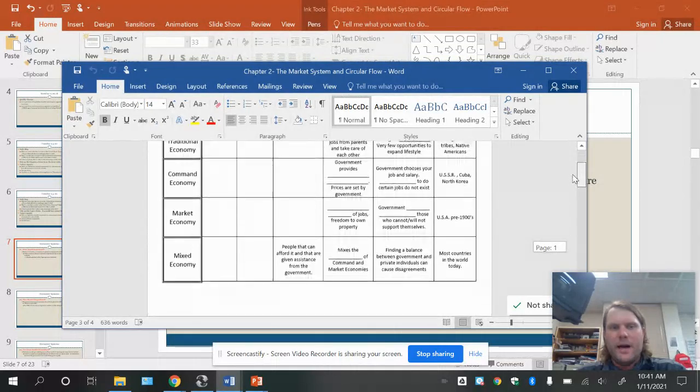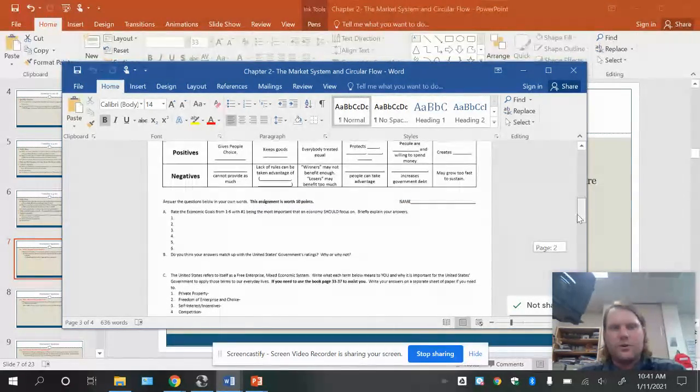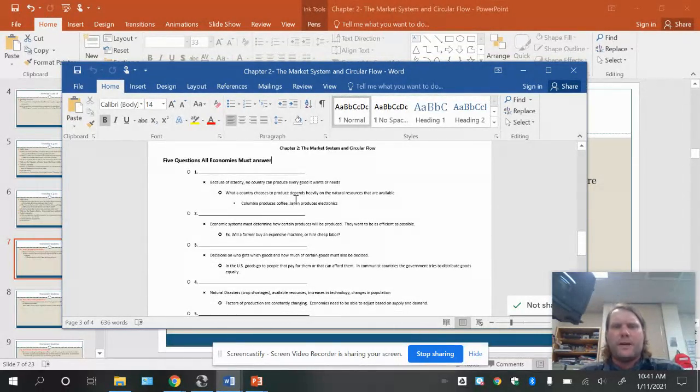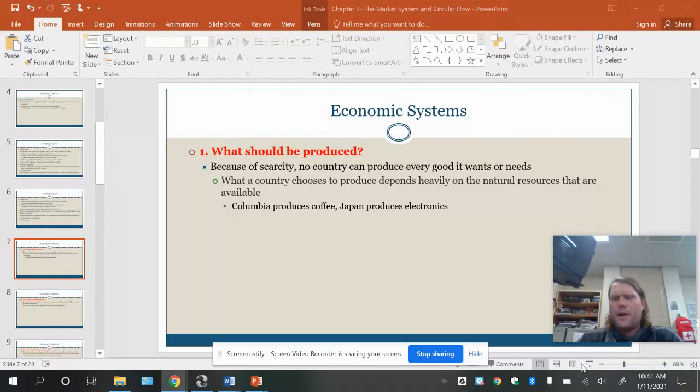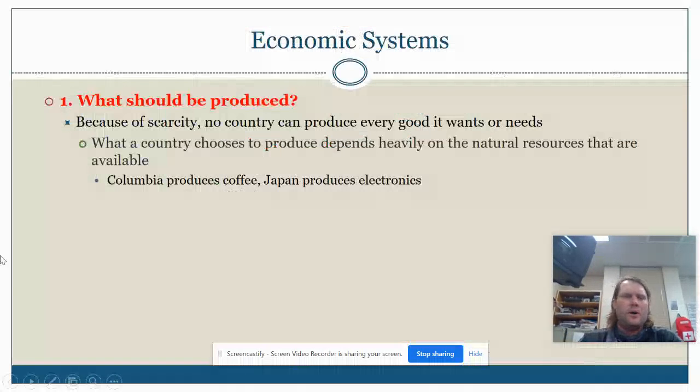They get a little bit out of order in terms of what you're going to see, but that's okay. We're actually starting on page 3, and we're going to look at 5 questions all economies must answer. We're talking about what are referred to as market systems today, and basically, how does a country figure out how they're going to produce stuff?